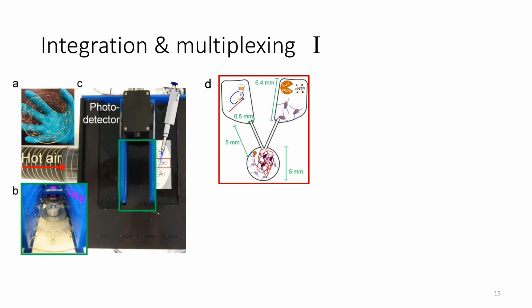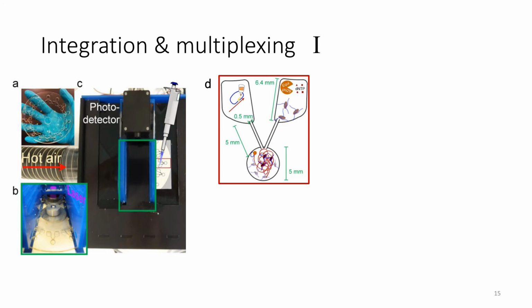And I will present two strategies for implementation of rolling circle amplification and optomagnetic detection. This is the first strategy on a disk plastic chip. Why disk?